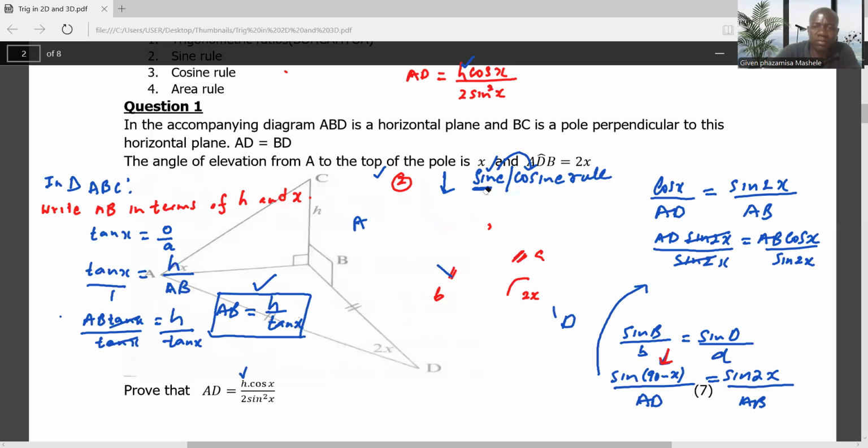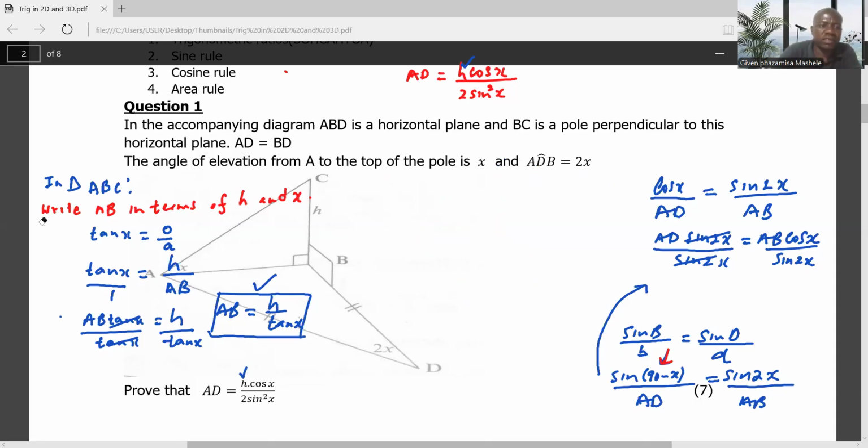It will give us AD equals AB cos x divided by sine 2x.